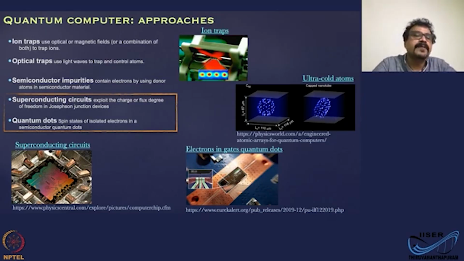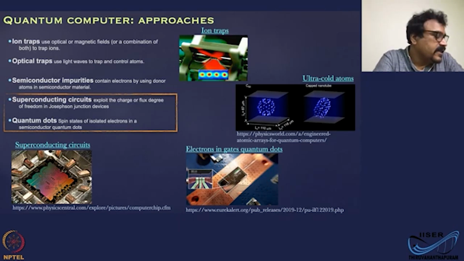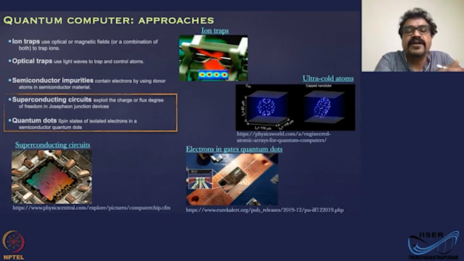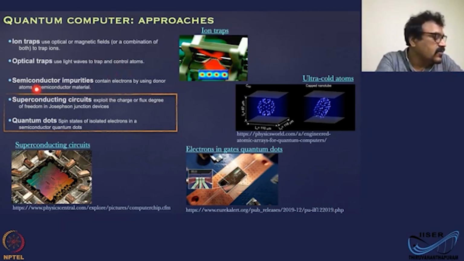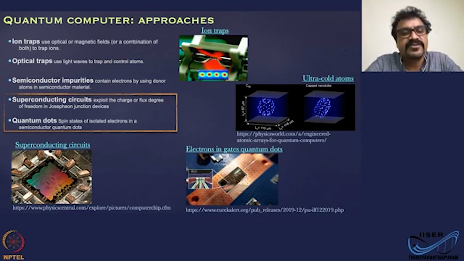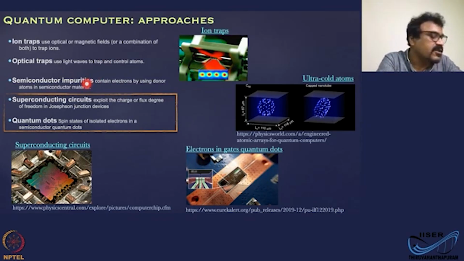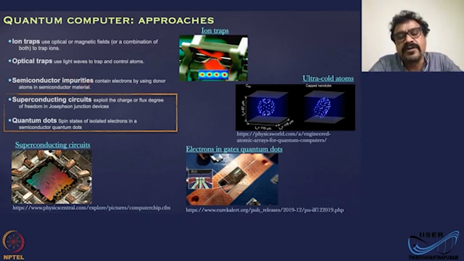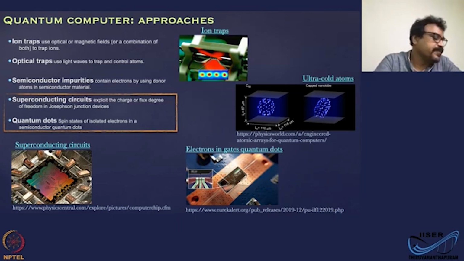Okay. Then another thing is you can use semiconductor impurity, but that is the same as or similar to what we just discussed, the phosphorus donor impurity in silicon. But the advantage of these first three systems is that they have very long coherence times, but because of scalability, the semiconductor impurities are not a good choice, and there is not much reported progress in these systems.